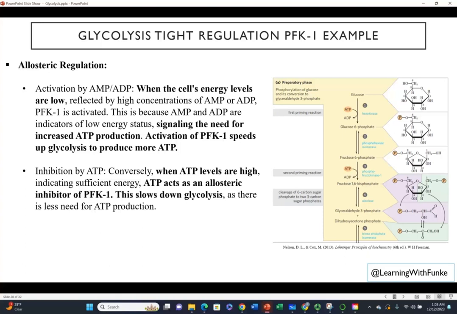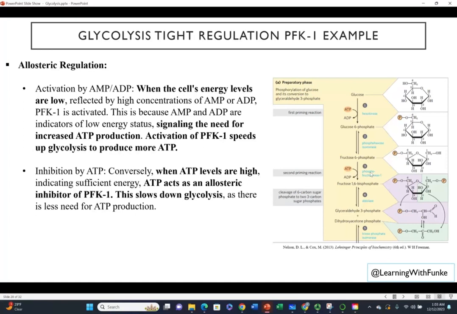Similarly, you can also inhibit PFK1 when you have too much ATP, right? Here, if you had too much ATP, it could go into the PFK1 step, step 3, and inhibit that. When ATP levels are high, when there's too much energy, ATP can act as an allosteric inhibitor of PFK1.